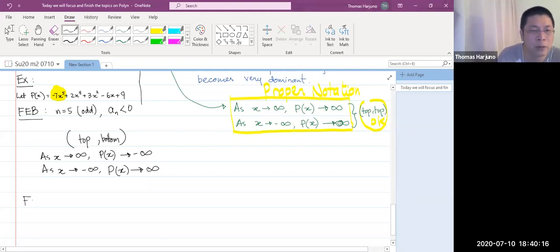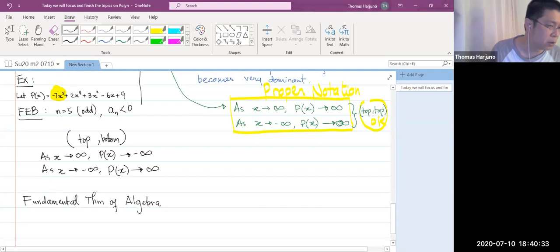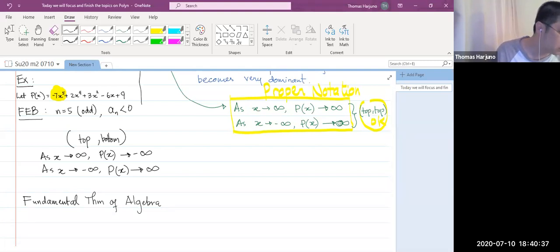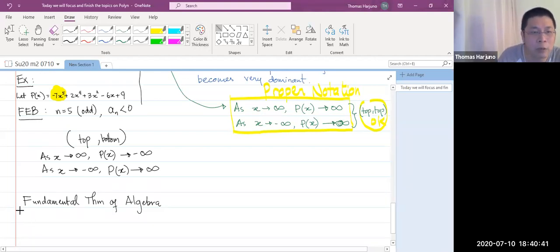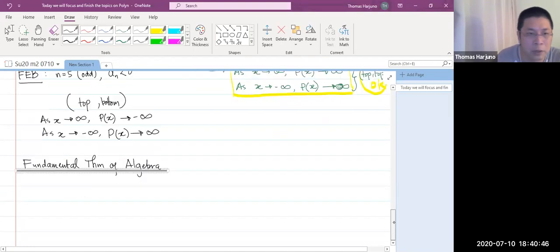Next, fundamental theorem of algebra. I will not use the correct version of the fundamental theorem of algebra.